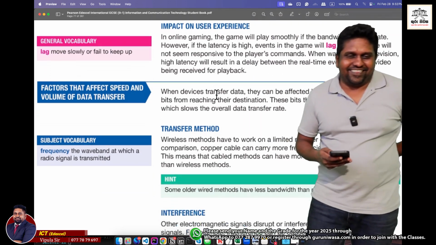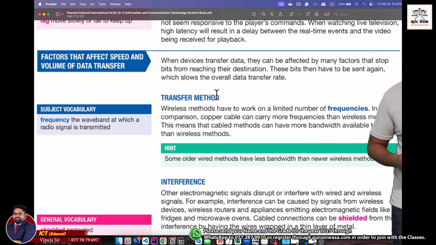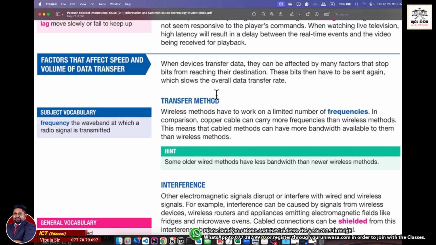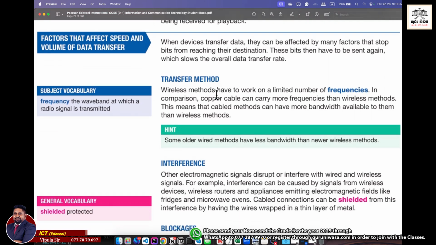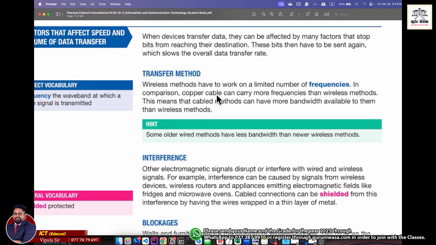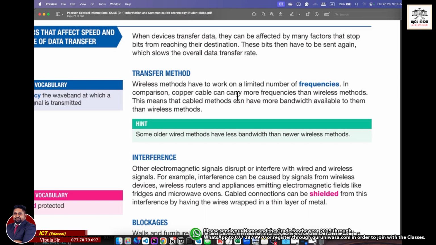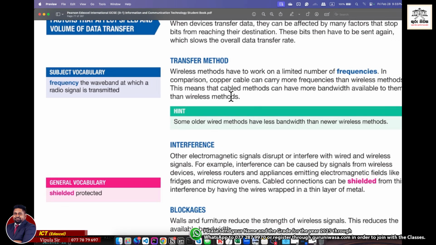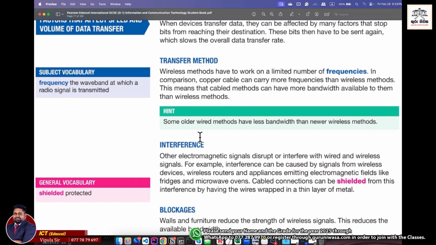So that's the thing. Okay, so then we talk about one more factor which will impact the speed of the transfer. What types of factors are there to impact the speed? Primarily we have the transfer method. The transfer method has the most priority, because you guys know that the fastest method to transfer data is using wires, right?